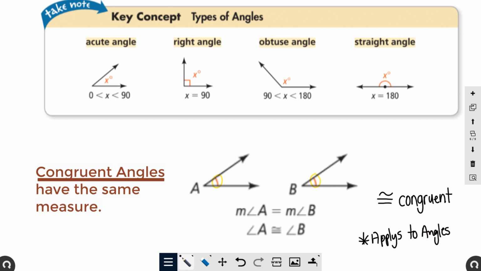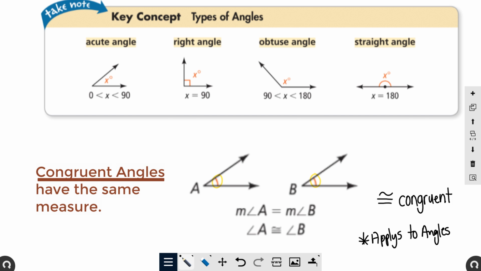So the segment addition and the midpoint bisector also applies to angles. So angles will work along with both of those. Now the key thing with angles is they won't say the midpoint angle, but they will say an angle bisector. Okay, so the other two index cards apply to angles.